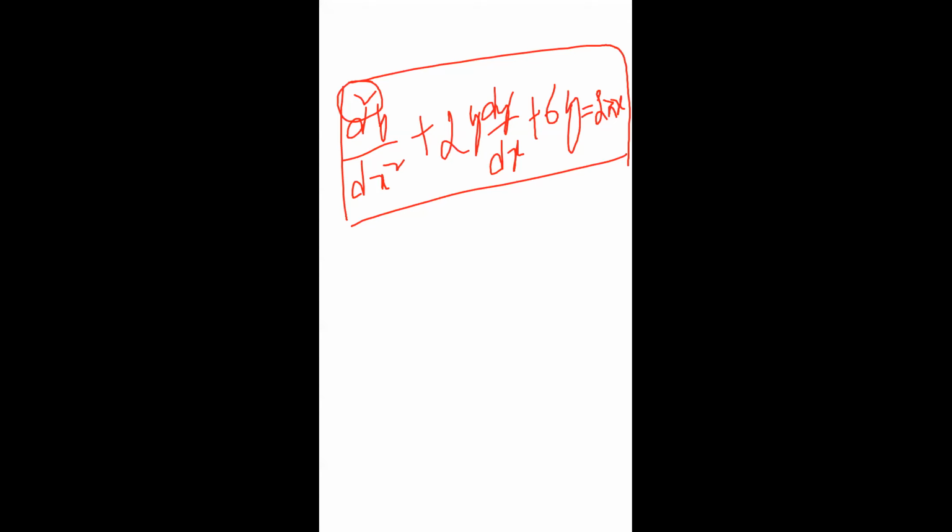How to solve the higher order differential equation? First we have to write the symbolic form. The derivative dy by dx in symbolic form is capital D, and d square y by dx square is capital D square.